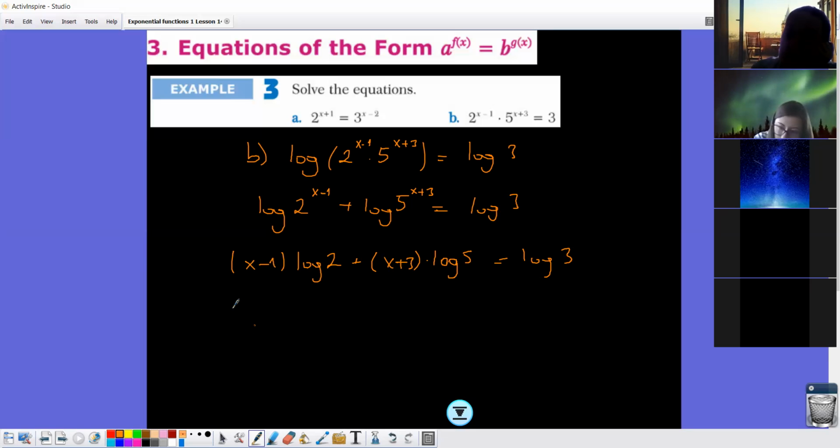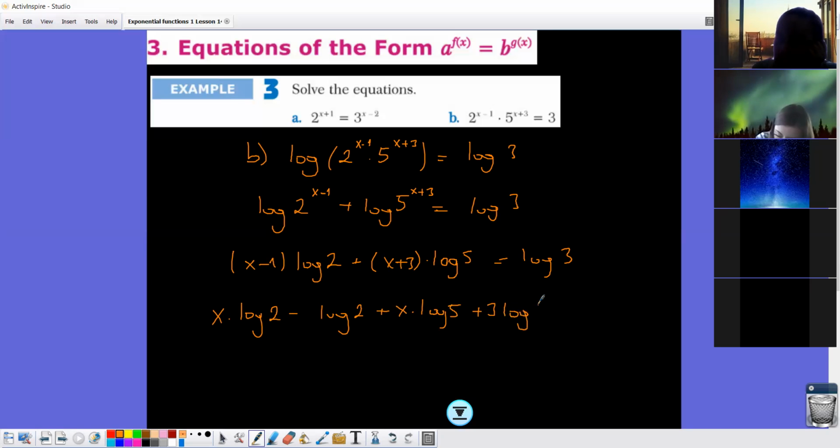Then the same thing that we did in A: x times logarithm of 2 minus logarithm of 2 plus x times logarithm of 5 plus 3 times logarithm of 5 is equal to logarithm of 3. Then let's collect like terms.